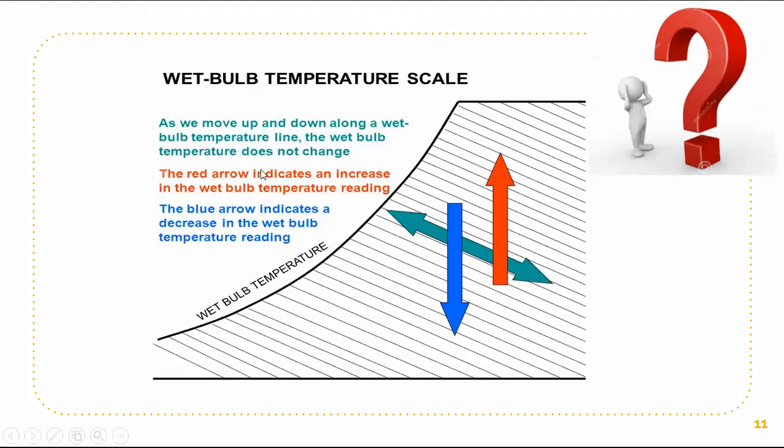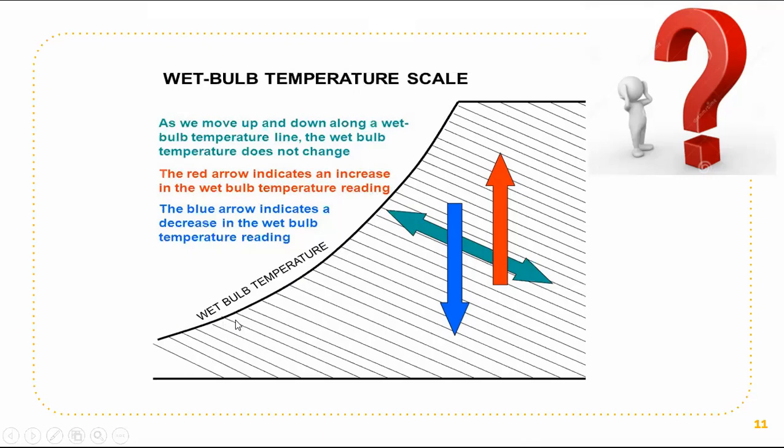The wet bulb temperature does not change, just like the dry bulb temperature, when we go up and down. The red arrow indicates an increase in the wet bulb temperature. We know that as we go up, the readings here are increasing. The blue arrow indicates a decrease in the wet bulb when we read downwards.